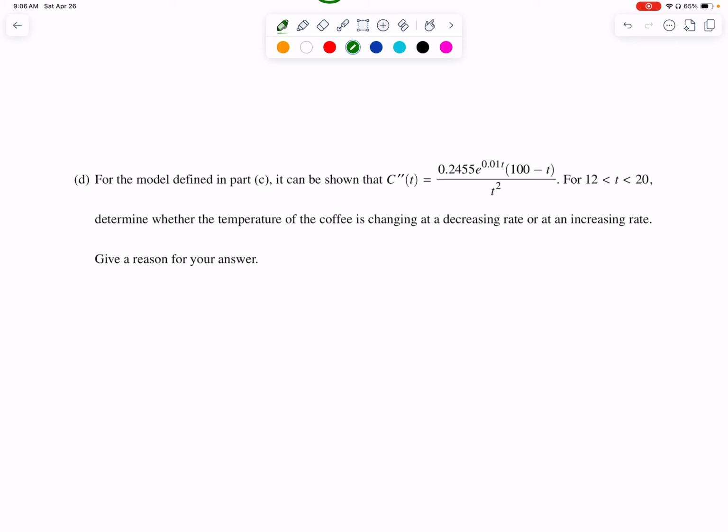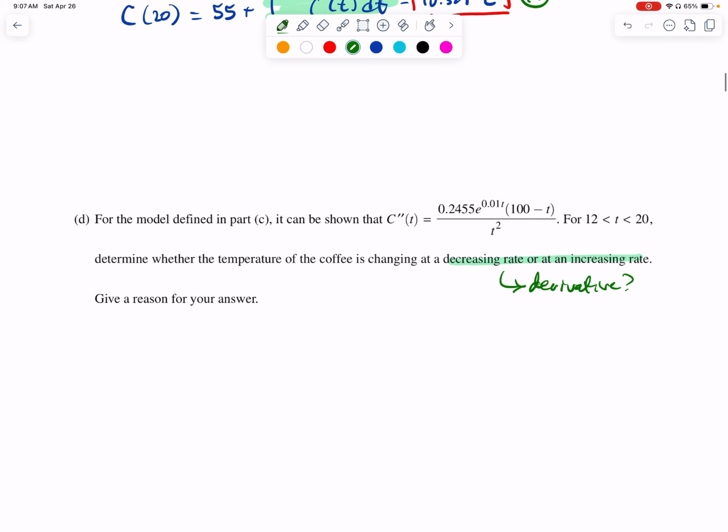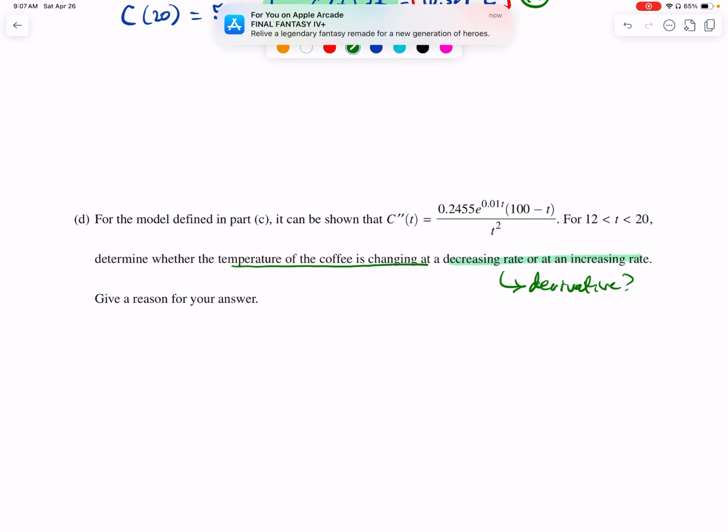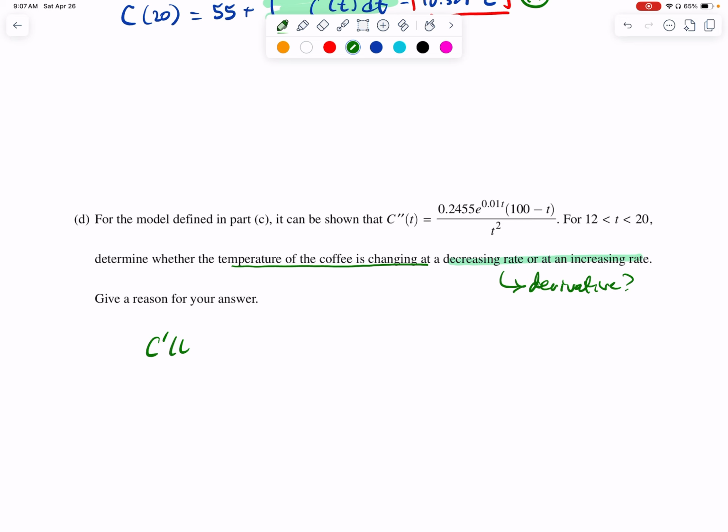All right, so anytime we're talking about increasing or decreasing, this means that we're looking at a derivative. But we want to know whether the temperature of the coffee is changing at an increasing or decreasing rate. So isn't that like talking about C prime? So I want to look at C prime of t.